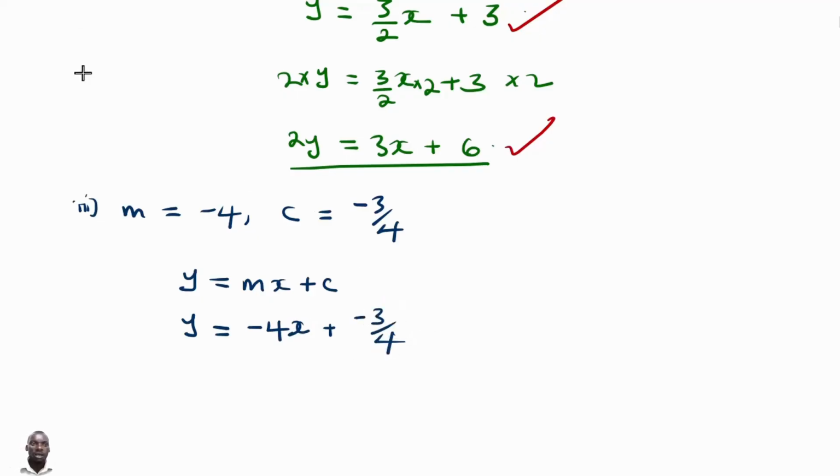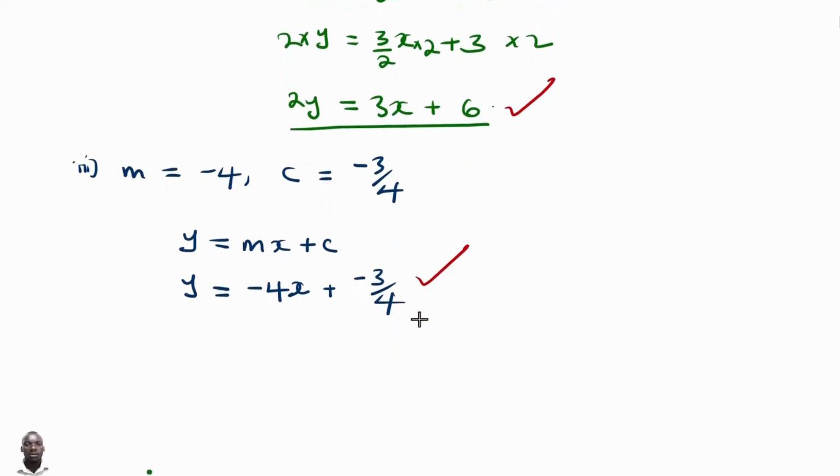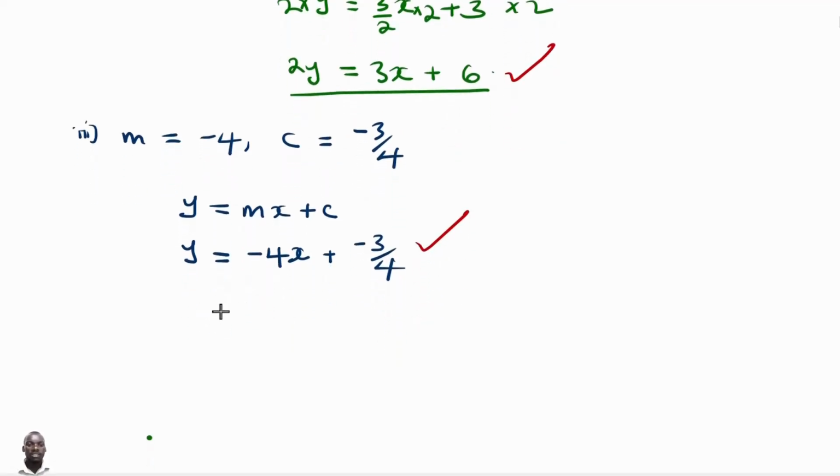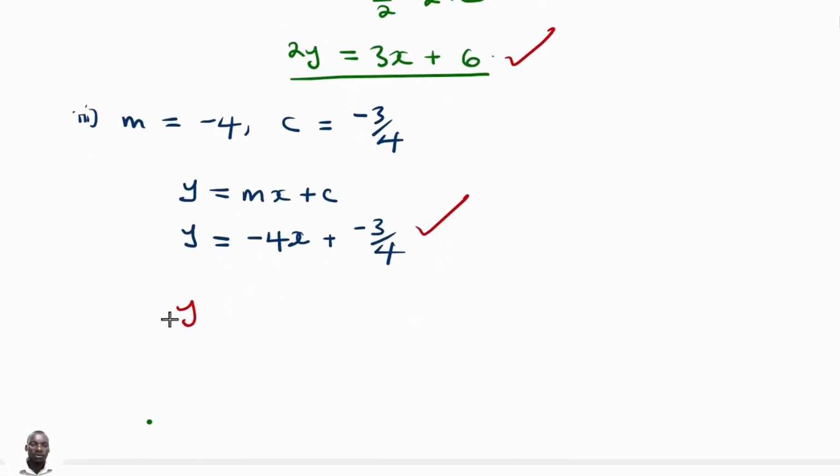This becomes our equation, or one can modify it by multiplying through by 4 everywhere. So -4x multiplied by 4, then -3 over 4 multiplied by 4.